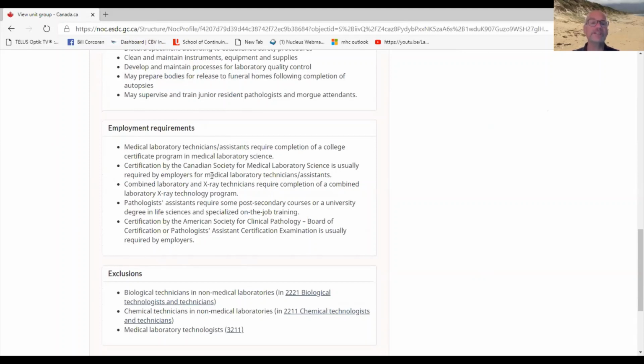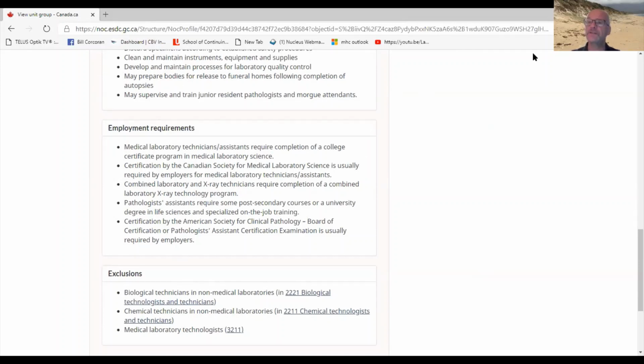Employment requirements, these are the KSAOs, or the job specifications. Medical laboratory technical assistance requires the completion of a community college certificate program in medical laboratory science. So like everything else today, basically stay in school if you want to become a phlebotomist, and there's a whole bunch of other things you can get as well.